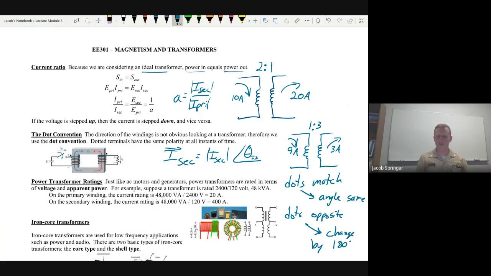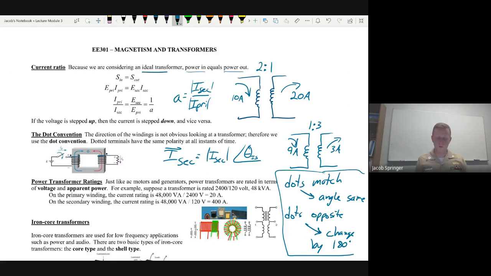And you add or subtract it just to basically keep your range within 0 to 180. So we're going to keep our range within 0 to 180, so you can add or subtract the 180 to keep that. But the dots are going to be opposite, or they're going to be the same, right? You can't have the windings any other way.